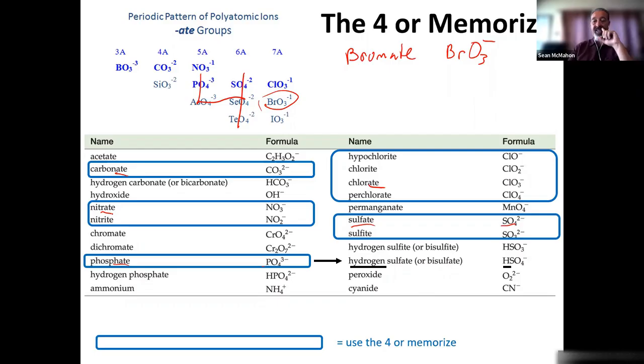Now, why is the 4 helpful? It helps you know the 5 big ates that I absolutely want you to know. But now, if I see something that says hydrogen sulfate, it's basically an SO4 2- plus an H+, which gives me an HSO4-.